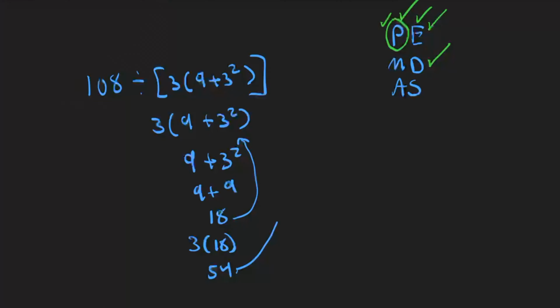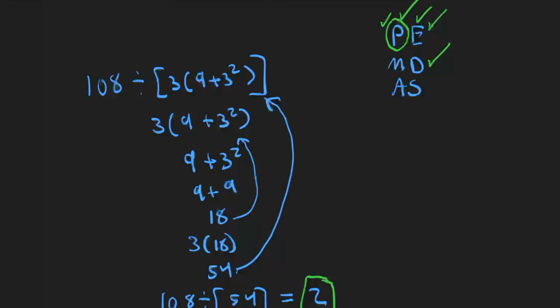This can then be substituted back into the bigger parentheses beforehand. We'll have 108 divided by 54. This gives us 2. 2 will be our final solution here.